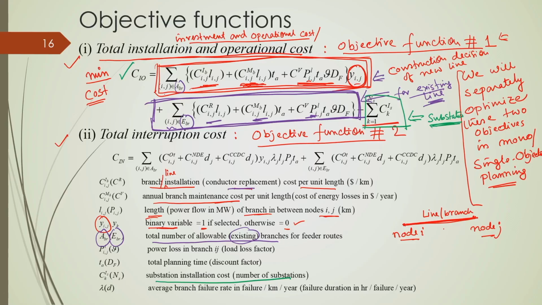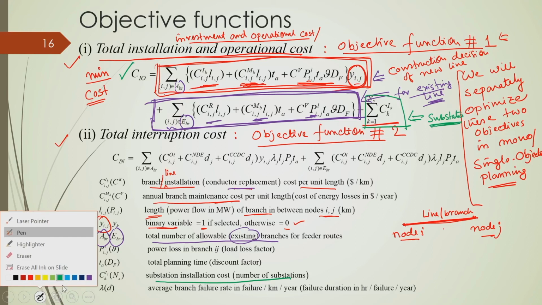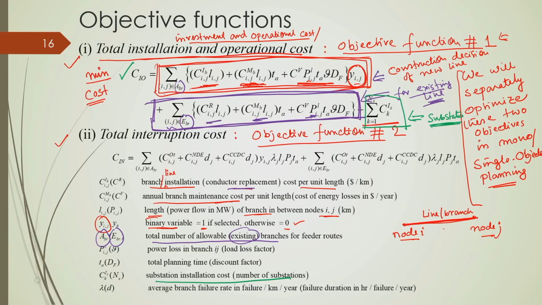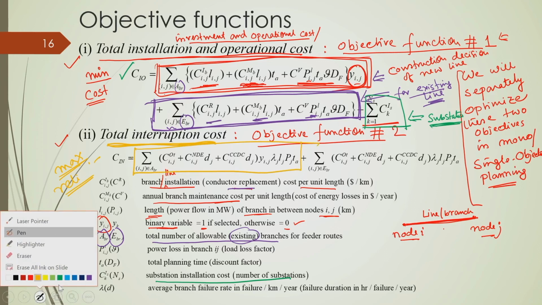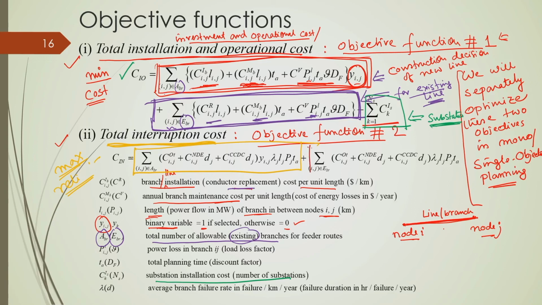Okay. Now, this is one objective, and the second objective is the total interruption cost. Here our goal is to maximize reliability. So, it also has two components, one is this, another is that.